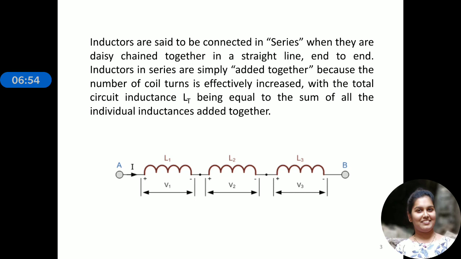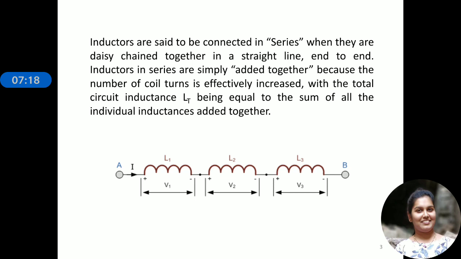As you can see in the diagram, the current I that flows through the first inductor L1 has no other way to go but to pass through the second inductor, third inductor, and so on, right? So in series inductors there is only one path for the flow of current.